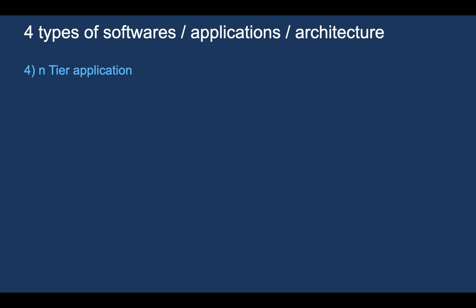So for such softwares, whatever logical work is there, whatever processing is to be done by the application layer, that work of processing is given to several computers, to several servers. So that is what we call the n tier application. So these are the four different types of softwares.